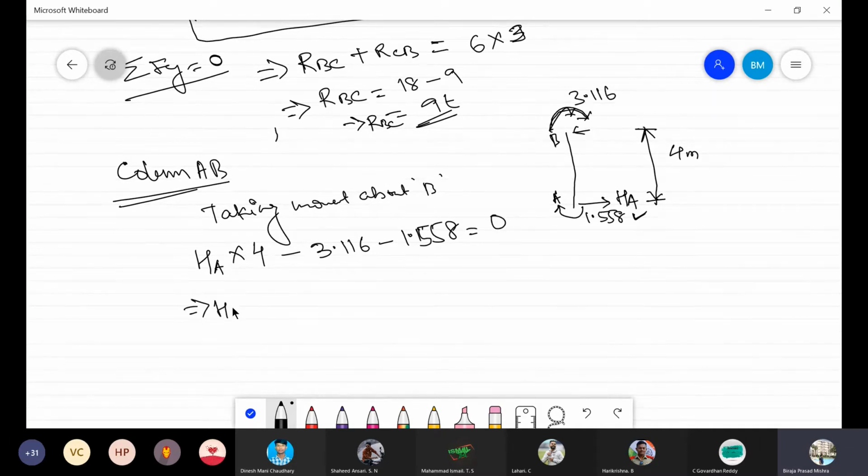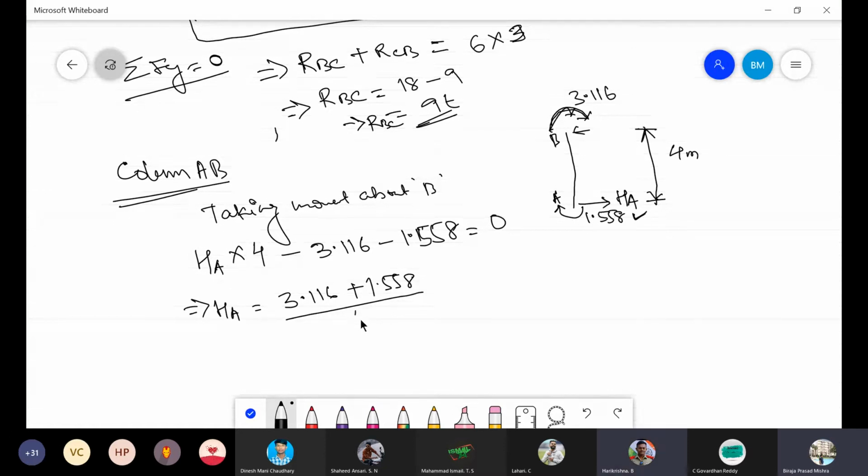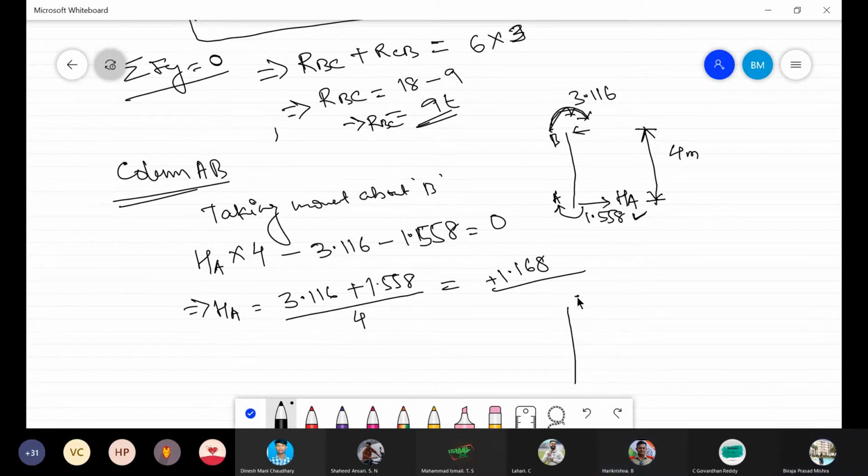This implies HA equals 3.116 plus 1.558 divided by 4. How much is this? Please calculate. 1.168 ton.